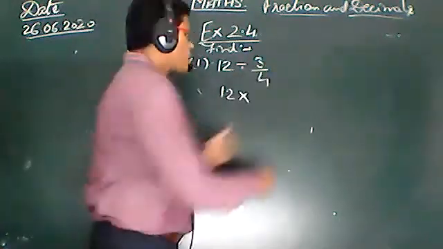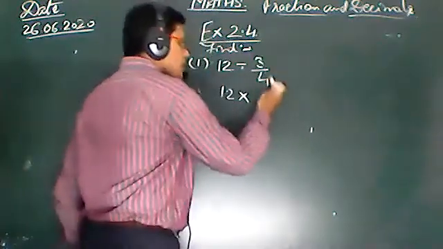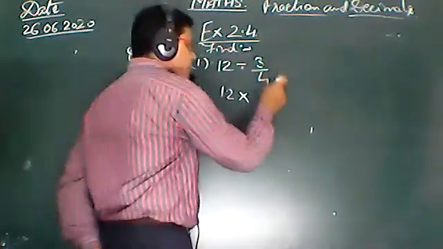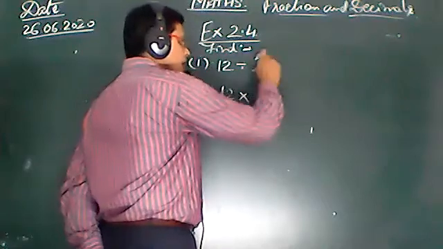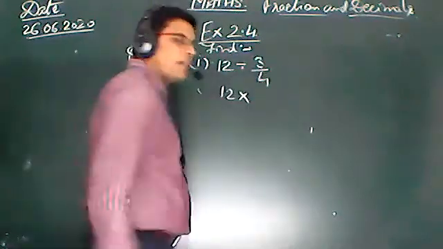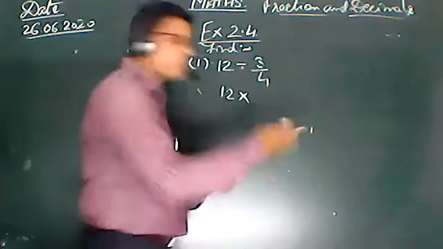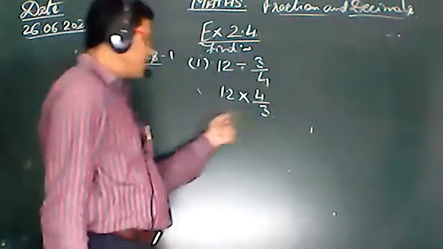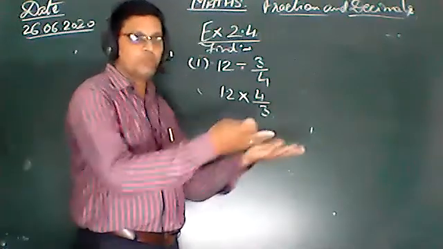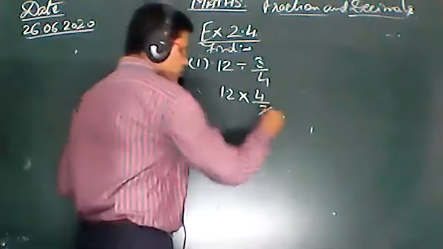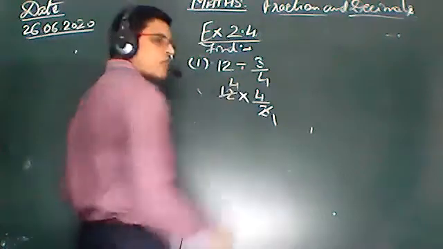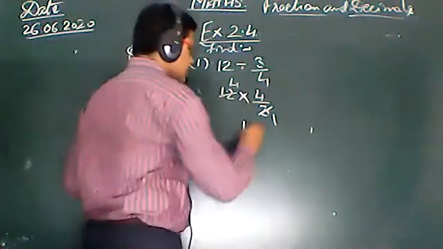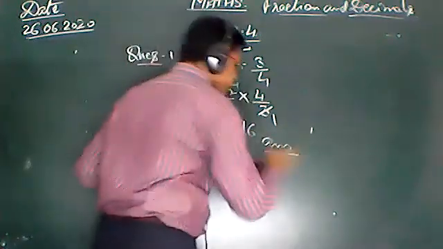Reciprocal means the denominator goes to the numerator part and the numerator goes to the denominator part, and the fraction becomes its reciprocal. Now we write here 4 by 3. Then simplify this number: 3 1s are 3, 3 4s are 12, and 4 4s are 16, and that is our answer.